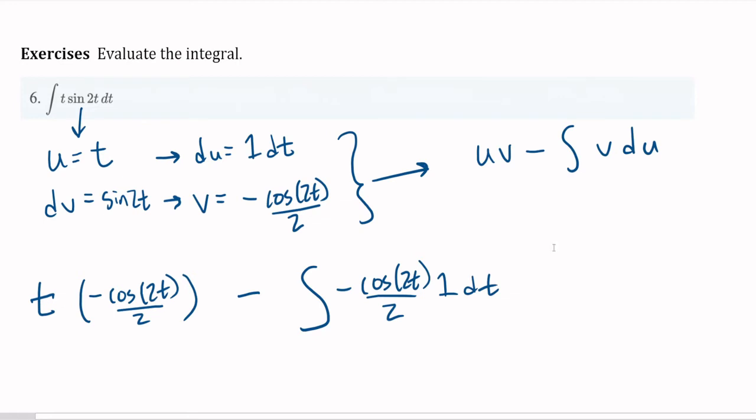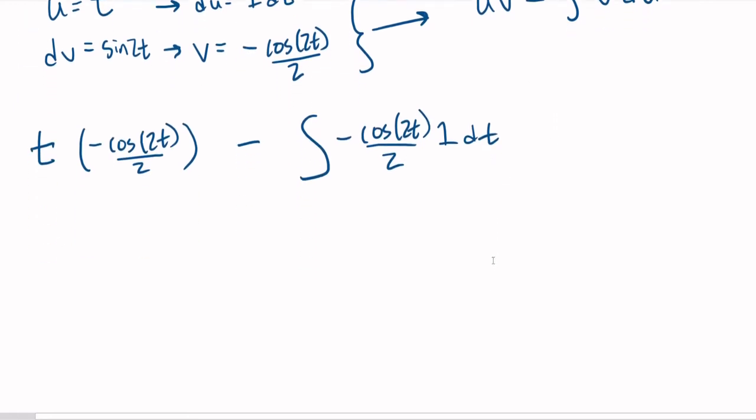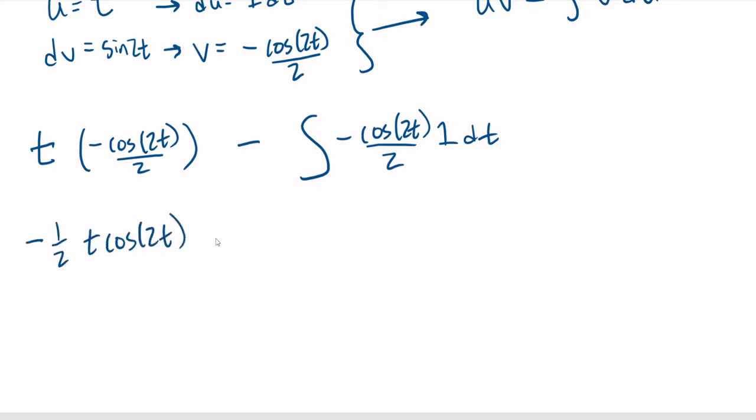Okay, so let's simplify down a little, move some stuff to make it nicer. So this is negative 1/2 t cos 2t. Two negatives makes a positive. Take the 1/2 out, cosine 2t dt.